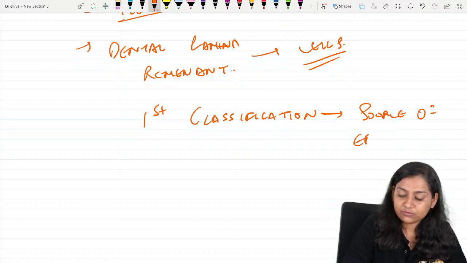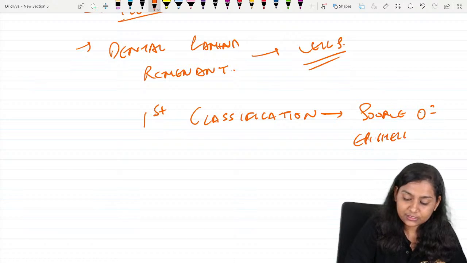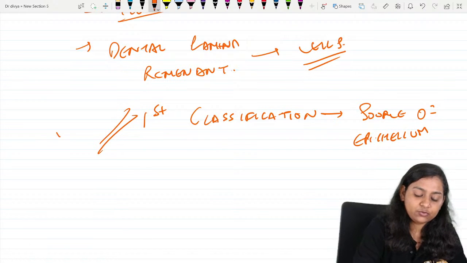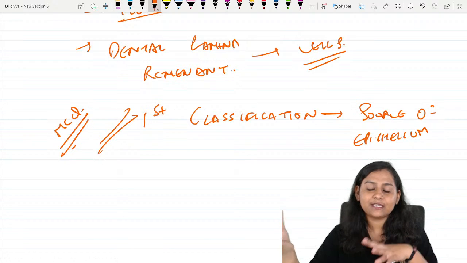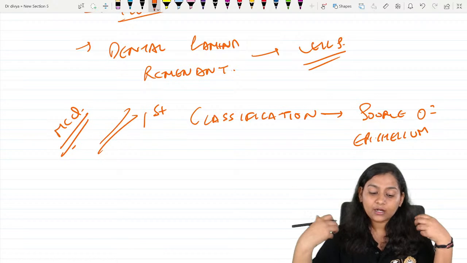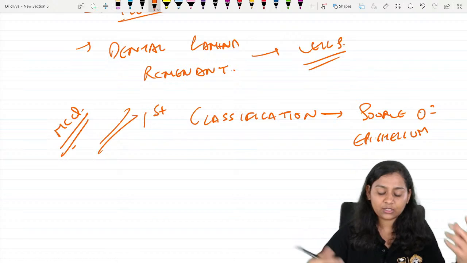Now this is very important. Your direct MCQ question will be based on this, that what kind of cyst is developing from what kind of developmental structure of the tooth.